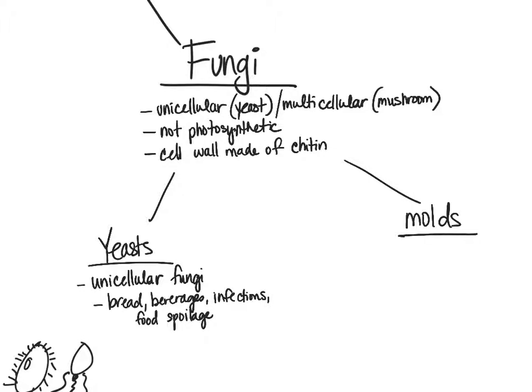Another type of fungi are the molds. Molds are typically multicellular. So these are multicellular fungus versus our yeast, which are unicellular fungus or fungi. Our molds have long filaments, and these filaments form visible colonies.